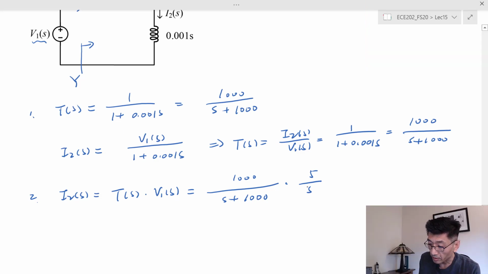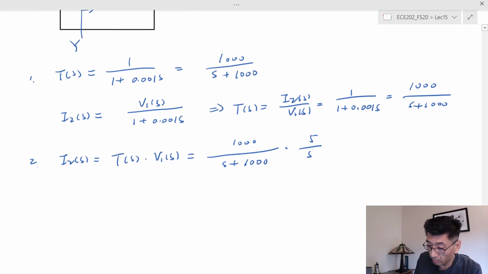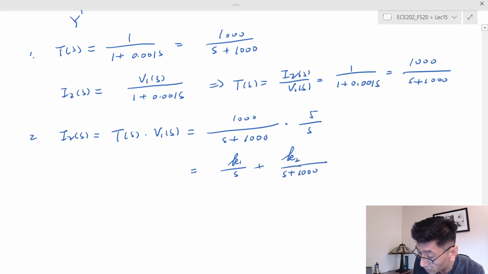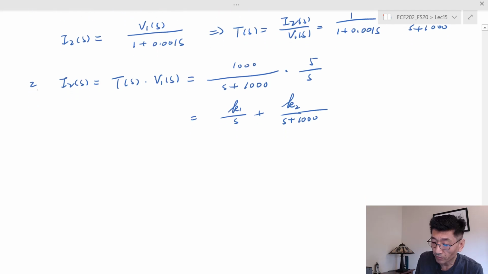So in this case we need a partial fraction expansion. This is going to be equal to K1 over s plus K2 over s plus 1000. Based on the rule of sum of residues, we know K1 plus K2 should be equal to 0. Keep that in mind.